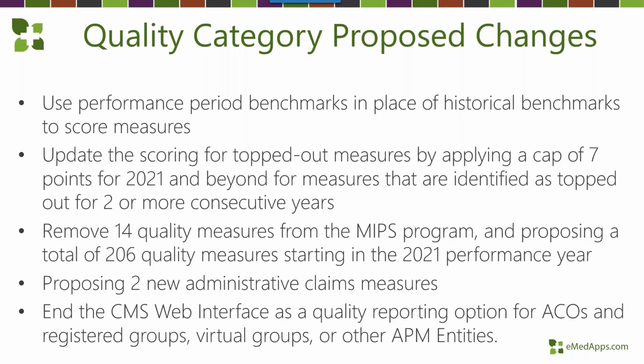So that's proposed as well. They're removing 14 quality measures and proposing a total of 206. 2 administrative claims measures are going to be new. More information to come on those. They are proposing to end the CMS web interface as a reporting option. So that's new. Next slide.